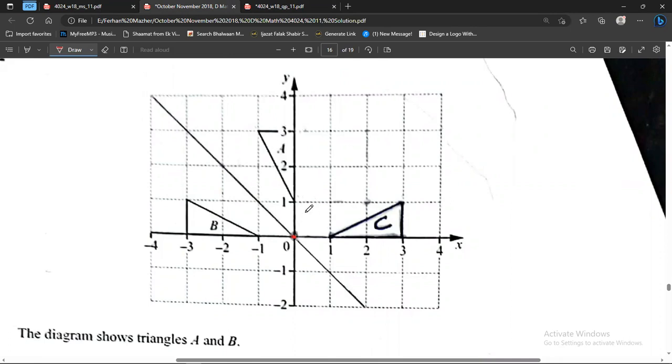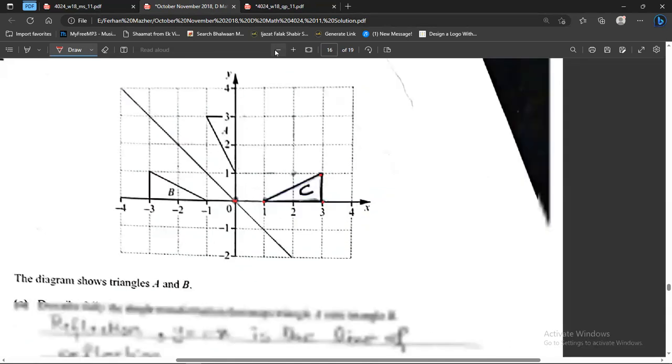When you rotate it 90 degrees clockwise, this straight line will come here. This point is 1 away, so this point will be 1 away. This point is 3 away from here, so it will be 3 away from here. Because this is one step in this direction, when the flag comes down, the step will be one step here. Simply join these 3 points. That will be your triangle C.